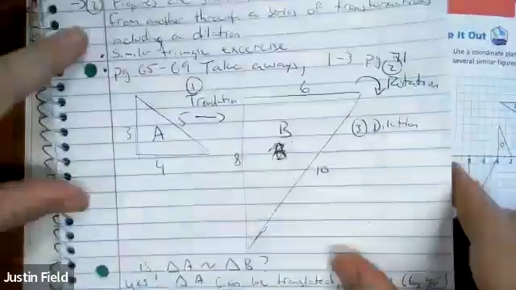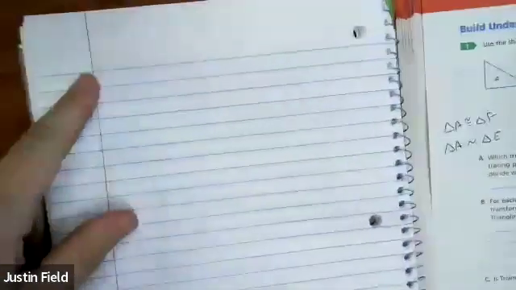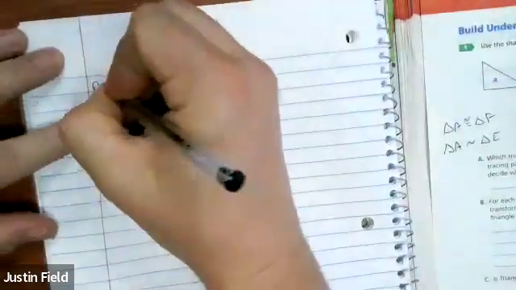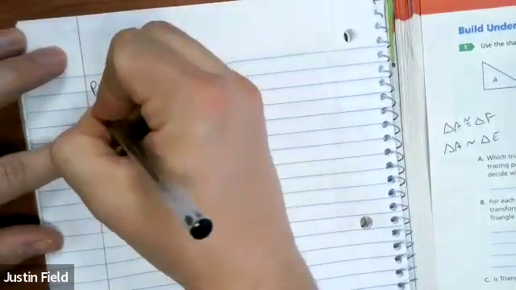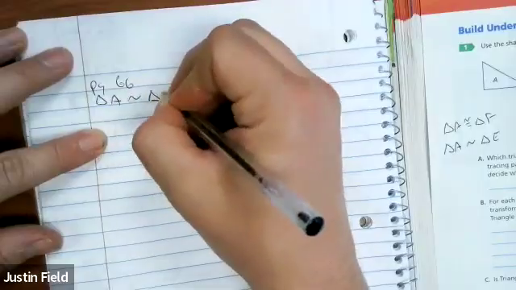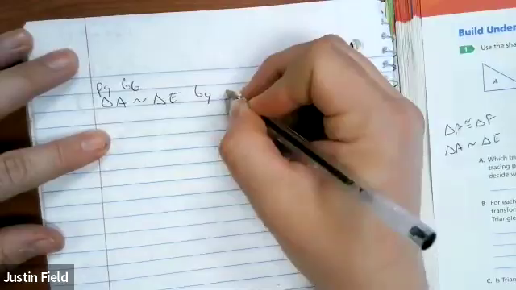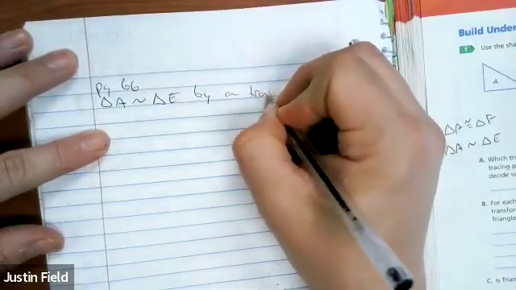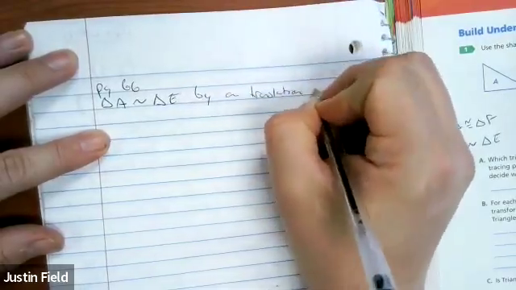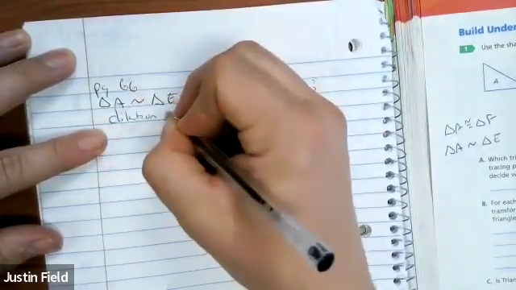So let's just write that down on page 66, the takeaway here. Page 66. Triangle A is similar to triangle E by a translation and dilation sequence.